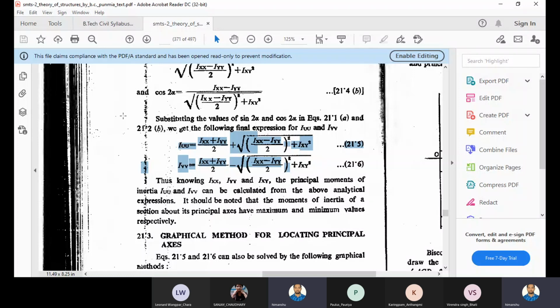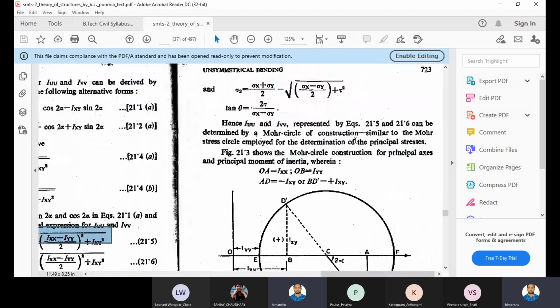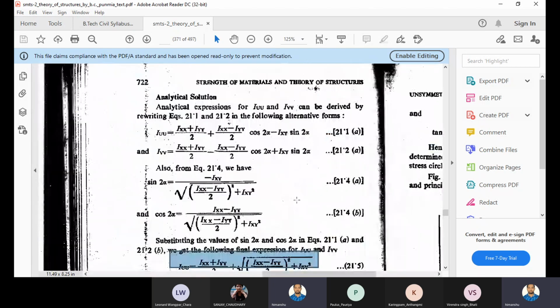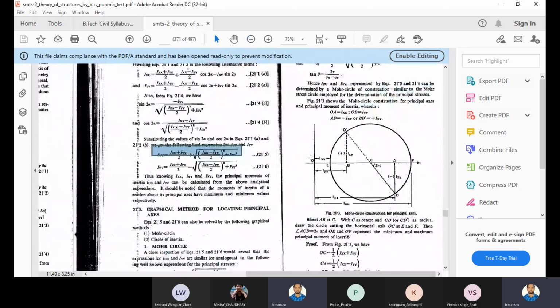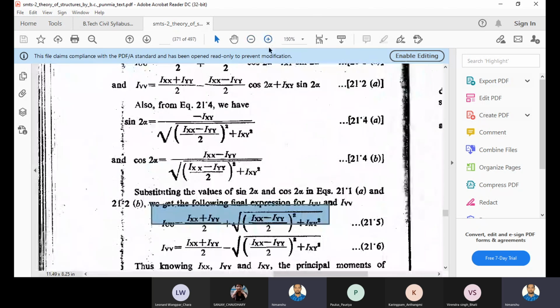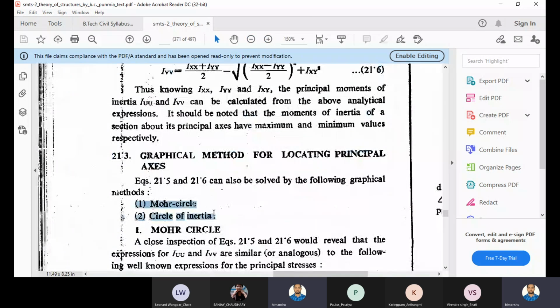This equation is similar to the Mohr circle equation which we derived earlier in the previous semester in Structure Analysis 1. For the graphical solution, we have two methods.